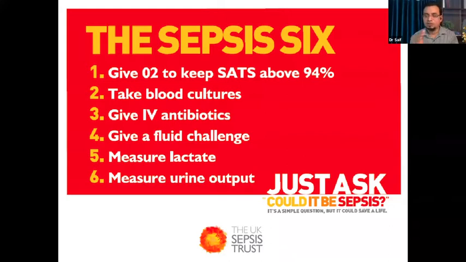Urine output: previously, in the 6-hour bundle, there was urine output and CVP, central venous pressure monitoring, the early goal directed therapy concept, but now they say the evidence is not so good for early goal directed therapy. So now we don't chase the urine output and we don't chase the CVP.